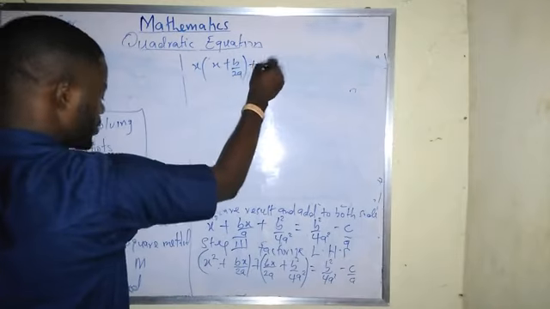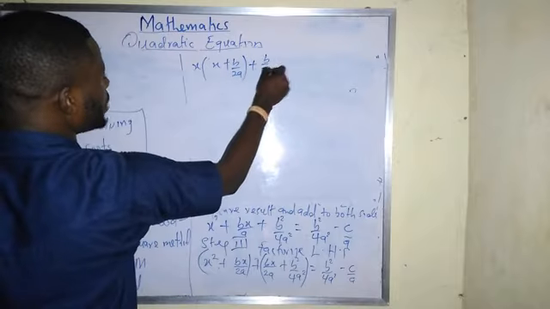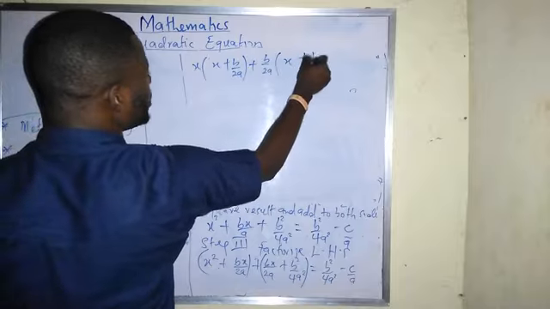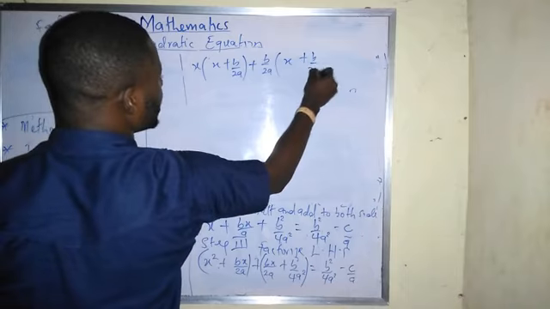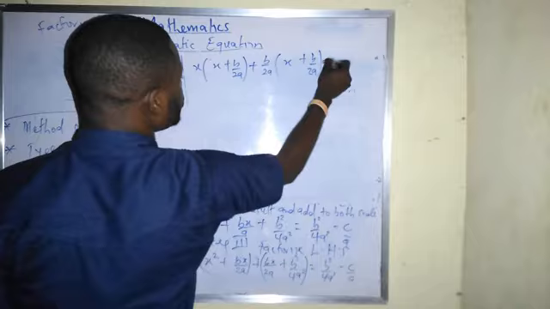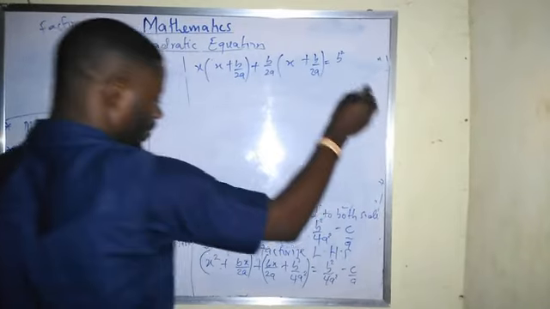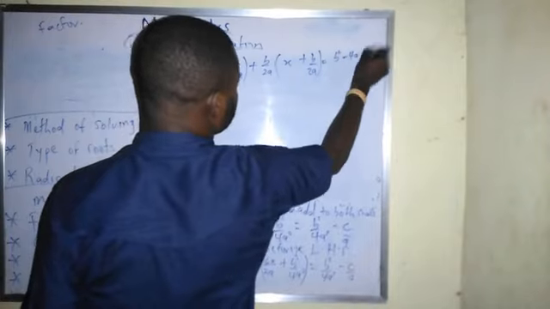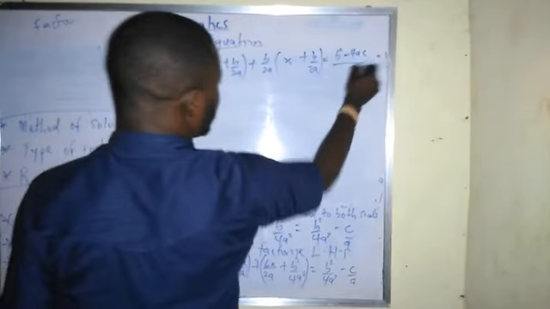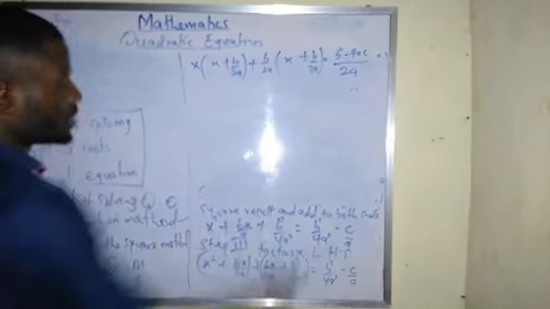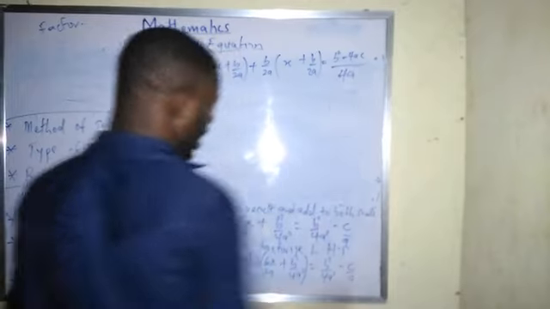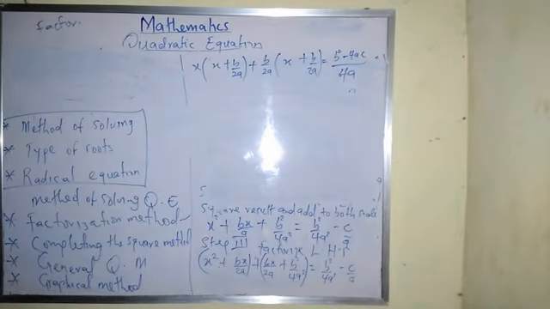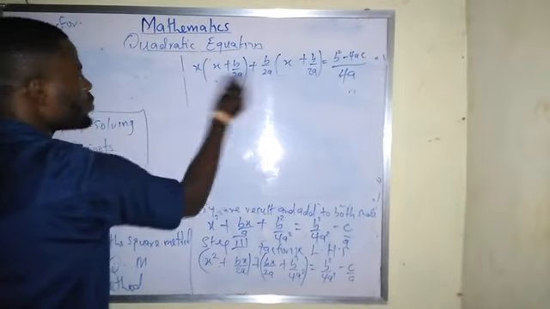And this is going to be b all over 2a bracket of x plus b all over 2a equals b squared minus 4ac divided by 4a. I factorize, find the LCM and also balance the outside. Now, pick one of these, it must be equal to this.